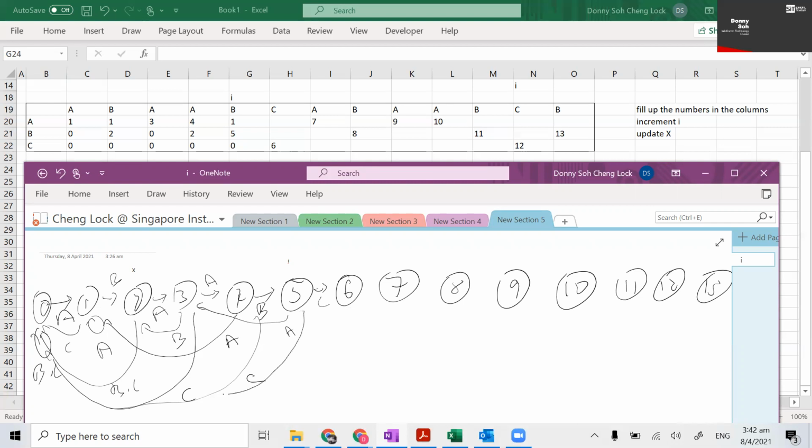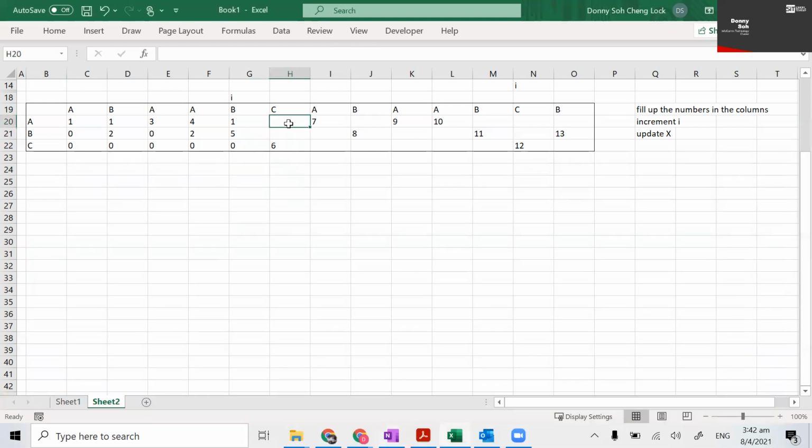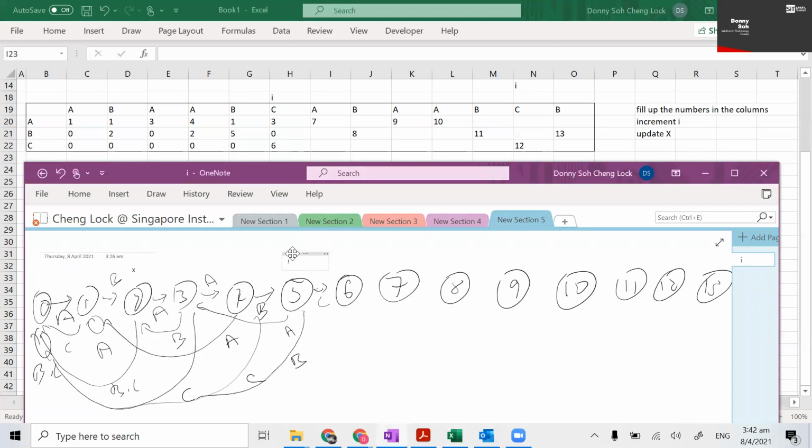So this will be 0. So A will be 3 and B will be 0. I increment my I and I check my X. What happened to X if I were to see a C? It will go to 0, and so X goes all the way back to 0.